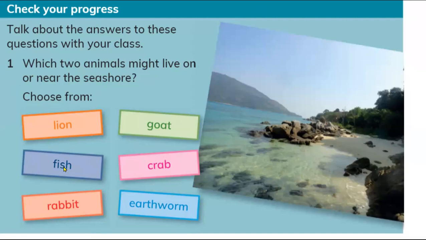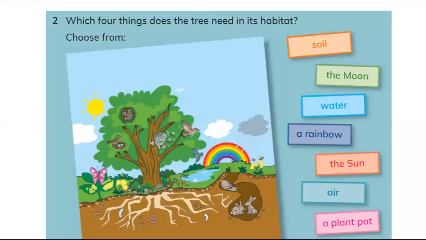So obviously fish and crabs can live in this place, but lion, cod, rabbit, earthworm, they need another environment. They cannot survive here because they don't have enough food to eat. So fish and crabs are good. Okay, they can survive here.